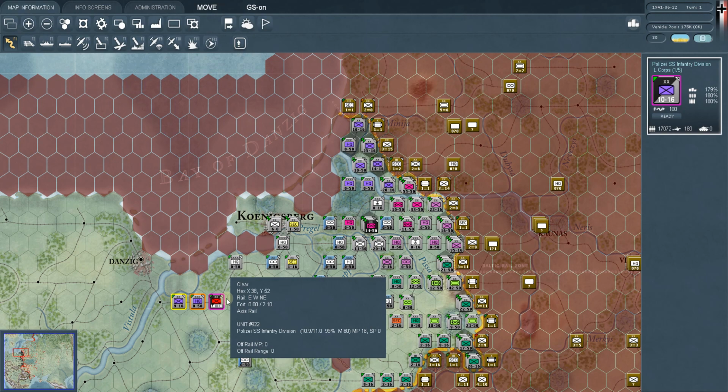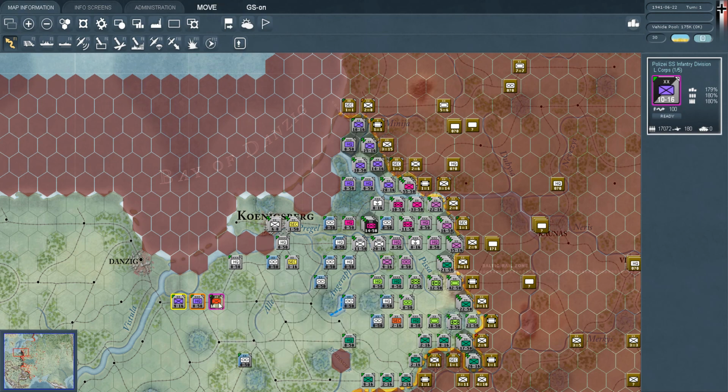Moving on from that, this unit allows me to point out one thing. We talked about different kinds of units, and there were a couple of units I wanted to circle back and talk about. One is these SS divisions. As you play the game, you'll also see the Soviets get a similar type of division called guards units, and they will be bright red.